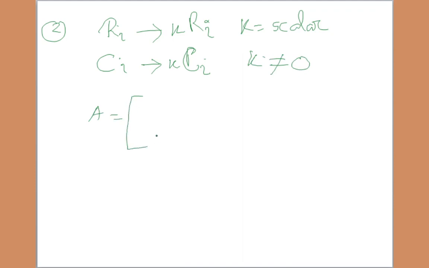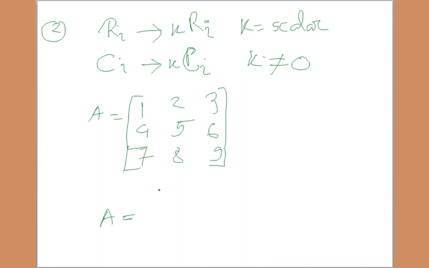Suppose a matrix 1 2 3, 4 5 6, 7 8 9. If we multiply the second row by a number 2, we should not write it as twice A, because then we would multiply every element.